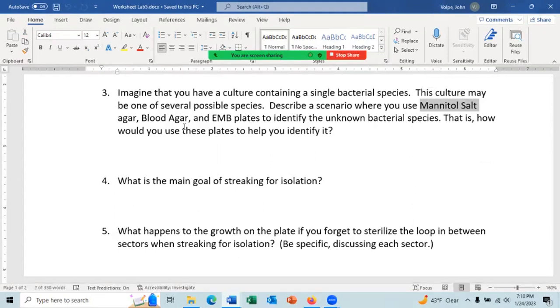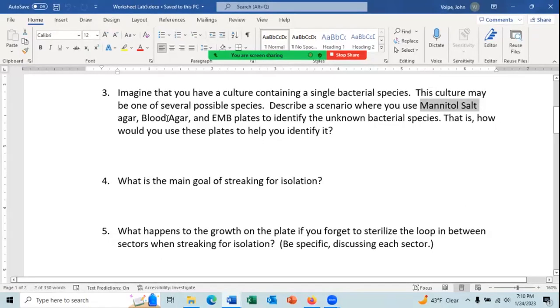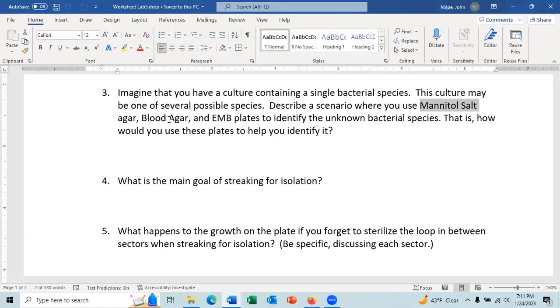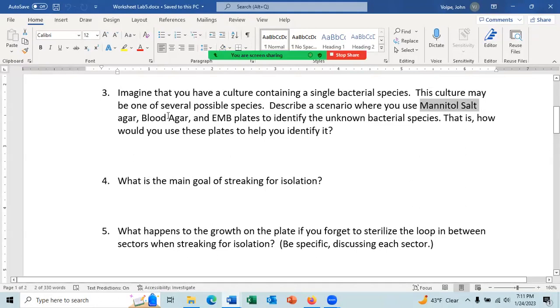Okay. Blood agar does have 2 properties, and that is you can get a fastidious organism to grow on the blood agar. And the second thing is you can look for the hemolytic pattern of the bacteria growing on the blood agar. So that's 2 things there, but name 2 things with mannitol salt agar and 2 things with EMB. 4, what is the main goal for streaking for isolation?